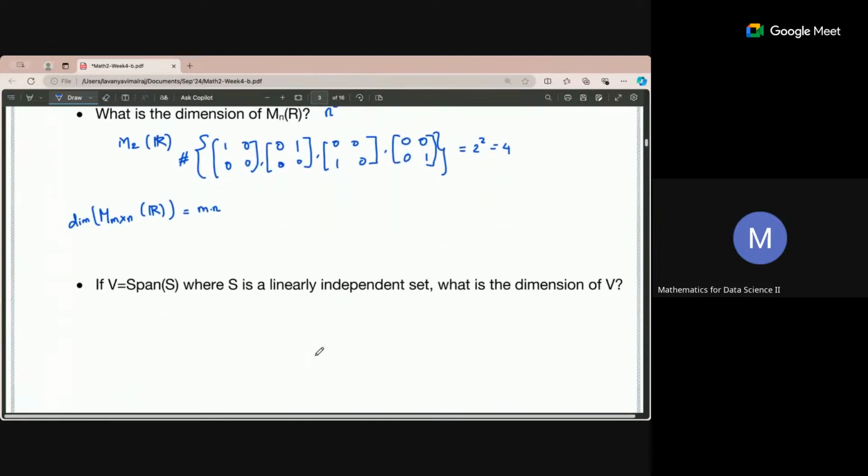If V is the span of S, where S is a linearly independent set, what is the dimension of V? You can answer in terms of S. The cardinality of S is the dimension. So the dimension of V is the cardinality of S. This hash symbol we use to denote the cardinality of a set.